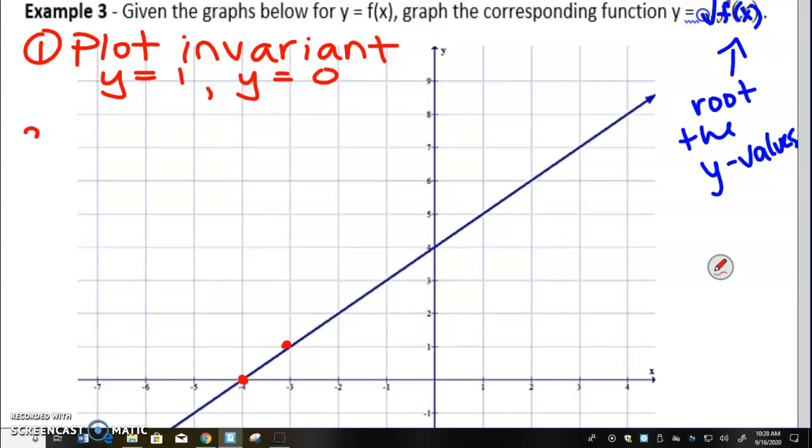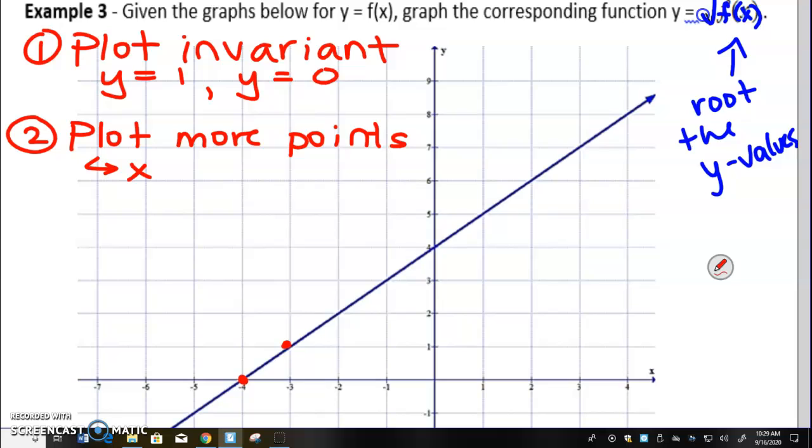Then, step 2, I always think this sounds funny, but then you're going to plot more points. When you plot more points, some good points to pick are often y-intercepts. The y-intercept is usually a good one to pick. Or other nice points.